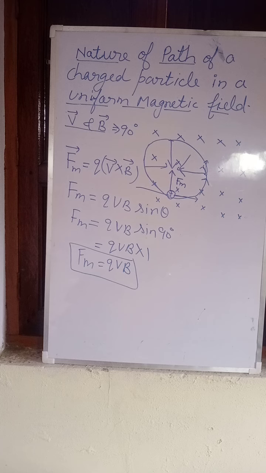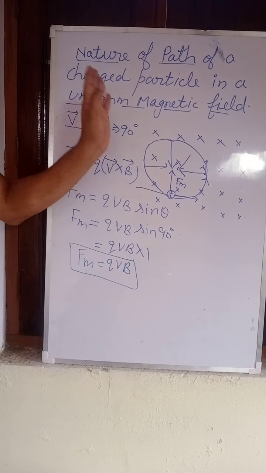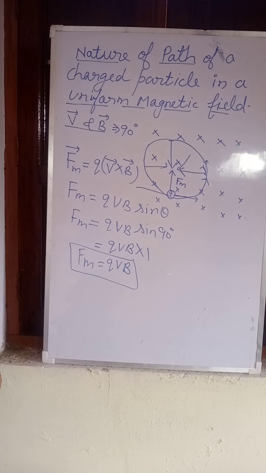Second thing, the time period taken by the charged particle to complete one cycle. Third thing, the frequency of the charged particle on this circular path. So we will find three physical quantities.